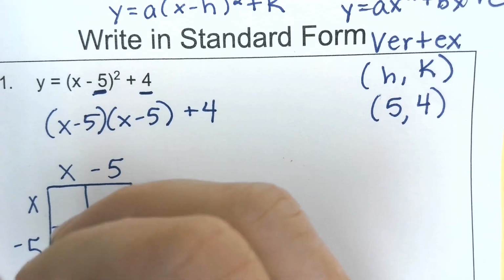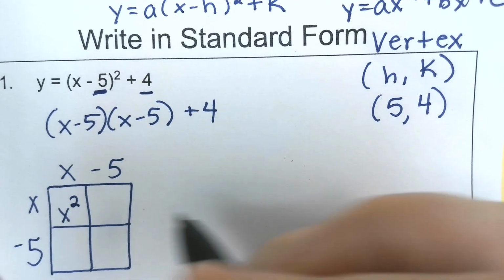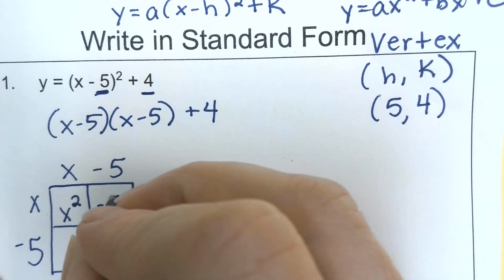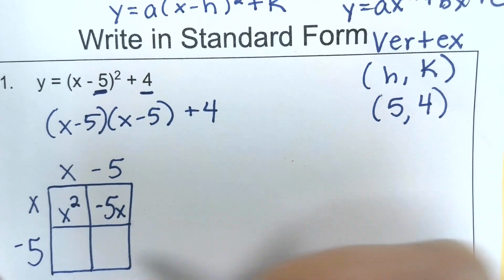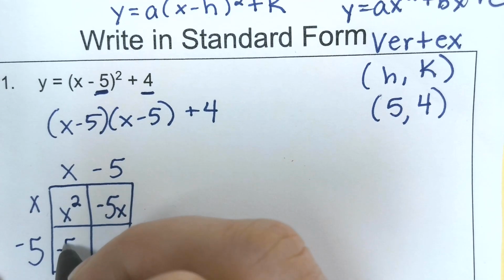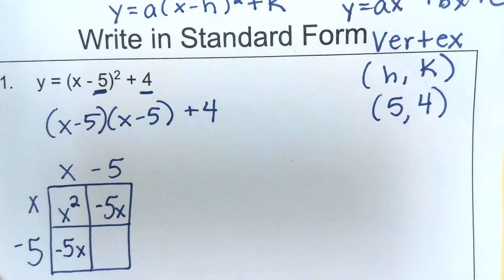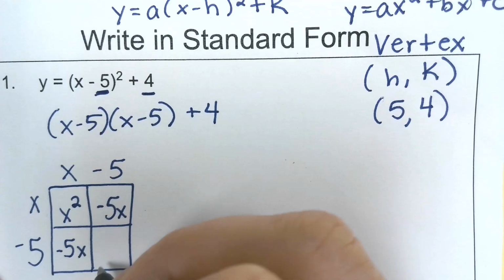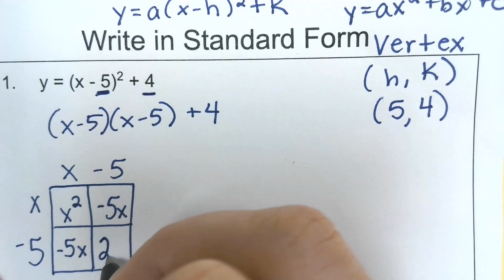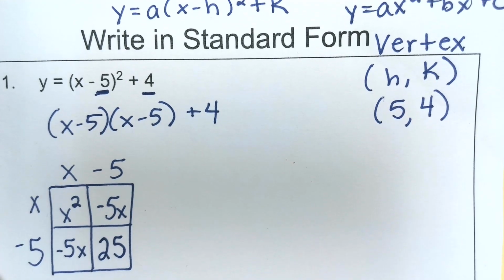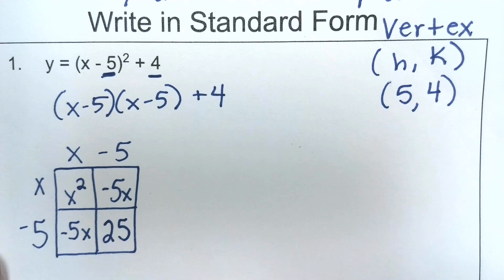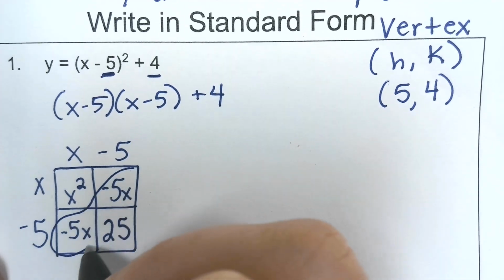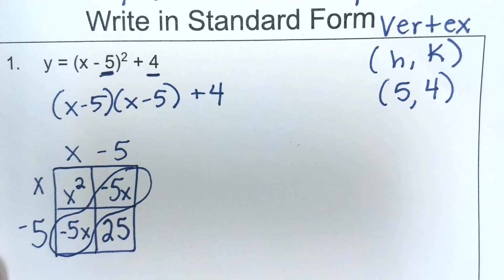All right, x times x, x squared. X times negative 5, negative 5x. And then negative 5 times x. And then negative 5 times negative 5, 25. Okay, so we are going to add those together.